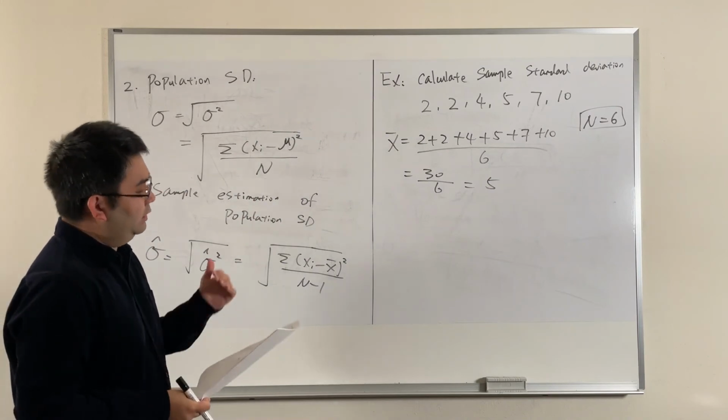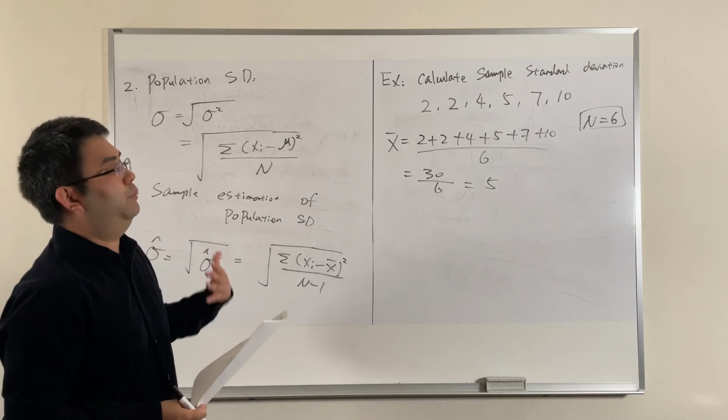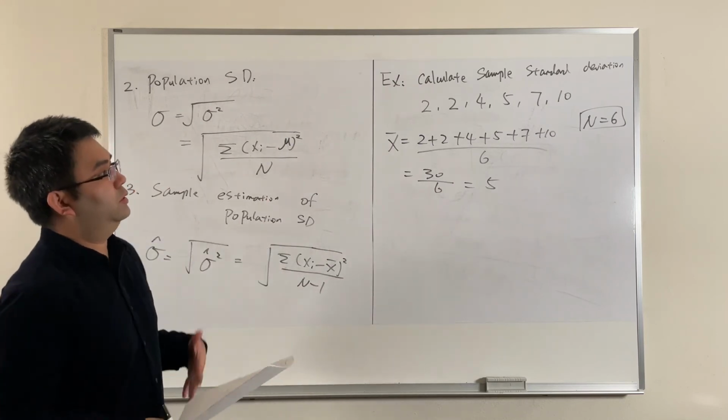So we're interested in the sample standard deviation. The first thing we have to do is find the sample variance, and then we'll take the square root to get the standard deviation.